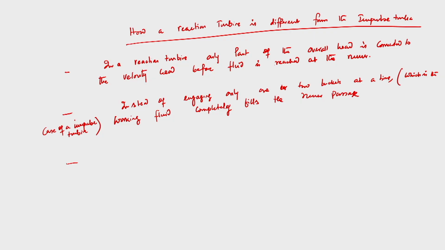It is very important that instead of engaging only 1 or 2 buckets at a time, the working fluid completely fills the runner and pressure changes gradually as the working fluid passes through the runner.